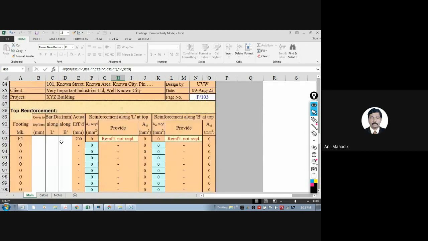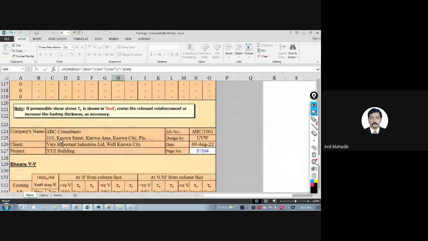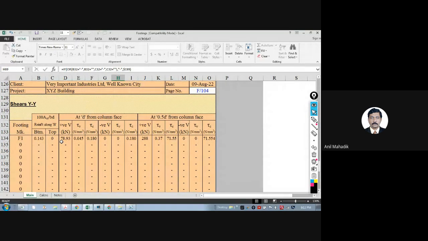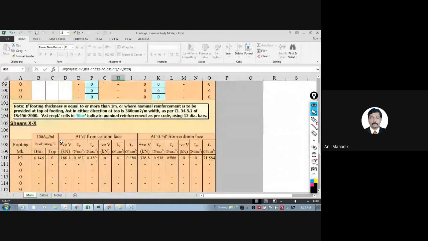As iterations are done, do the iteration correctly, so that each and every parameter is satisfied with the optimum design. It may happen in this sheet that you will make it safe, but it will not be optimum. So you need to try at every level again and again.